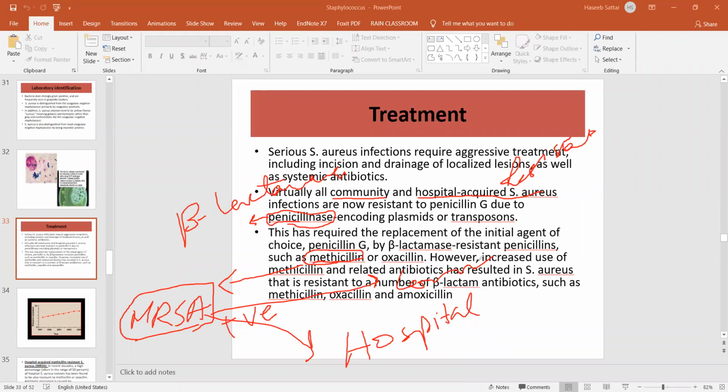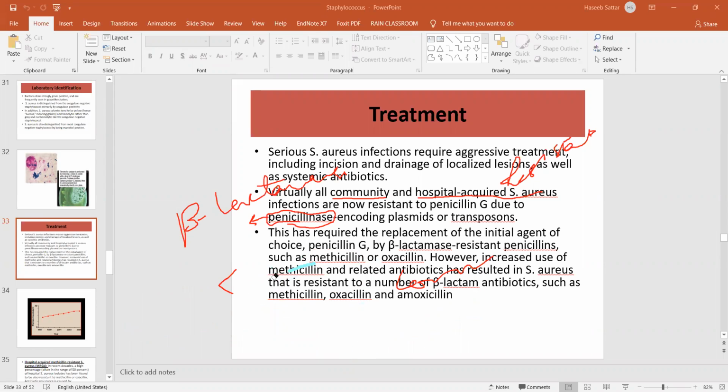The patient who acquired the MRSA infection after admission into the hospital, those infections are known as hospital acquired MRSA, or hospital acquired methicillin resistant MRSA infections, which are acquired in the hospital.